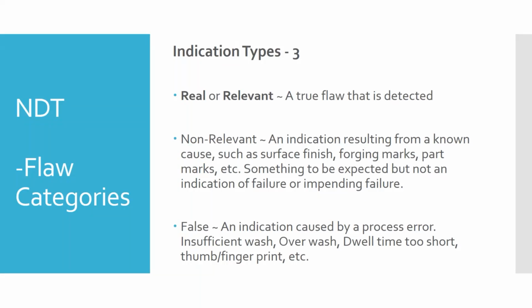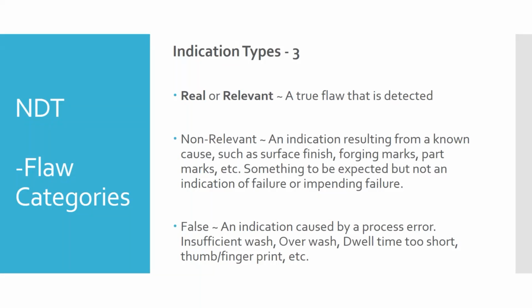The third one is a false indication, and a false indication is a mistake. This is an indication you get because something wasn't done right, a process error. When you're doing penetrant testing, it could be that you didn't wash enough of the excess penetrant off. It could be that you overwashed it. It can be a fingerprint.